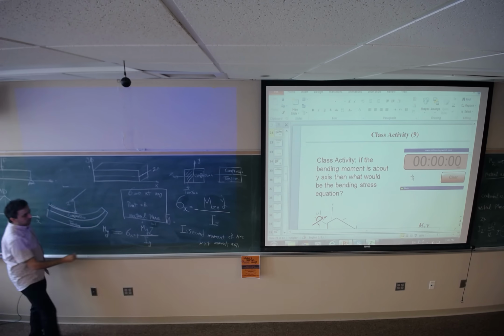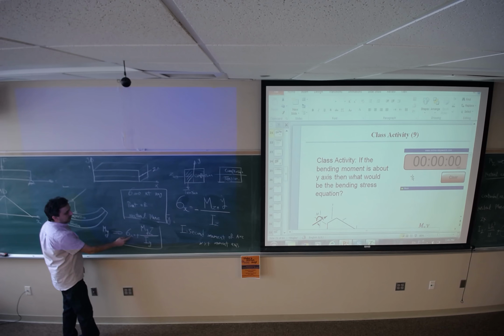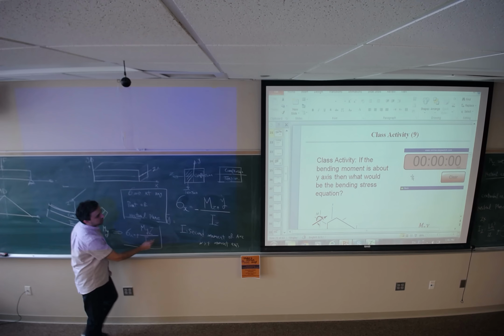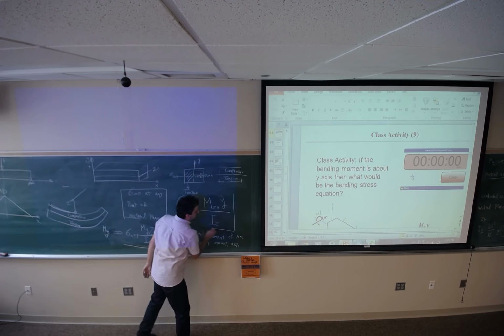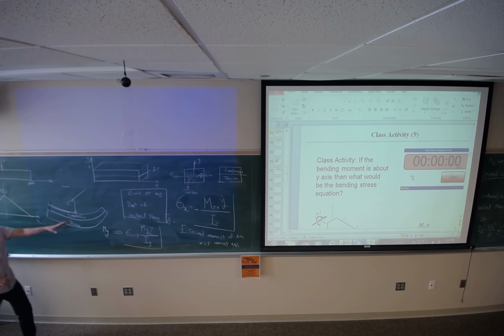So if I have a moment about y-axis, it is going to give me normal stress by applying this equation. If I have bending moment about z-axis, it's going to give me the normal stress based on this equation.